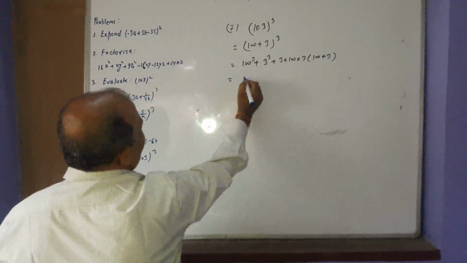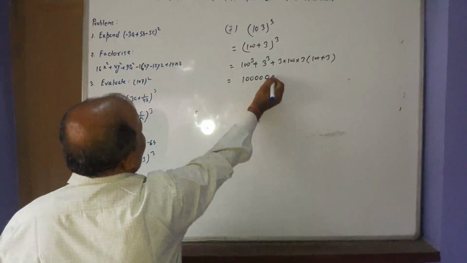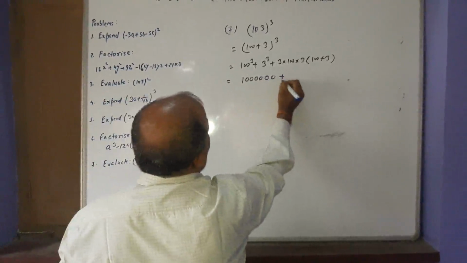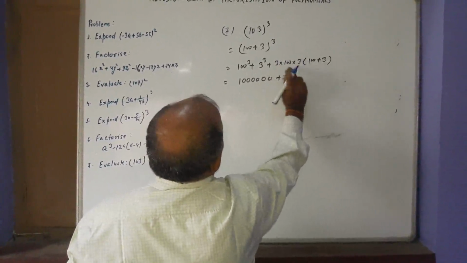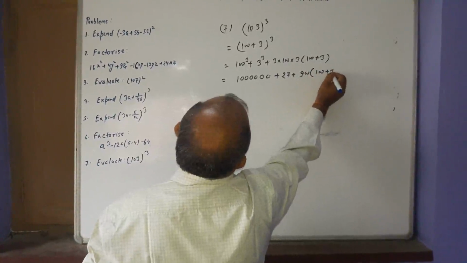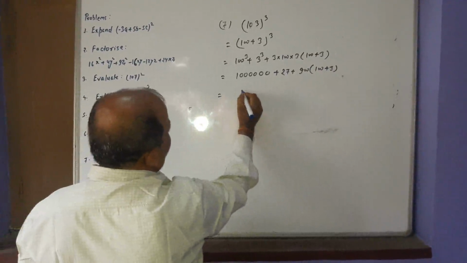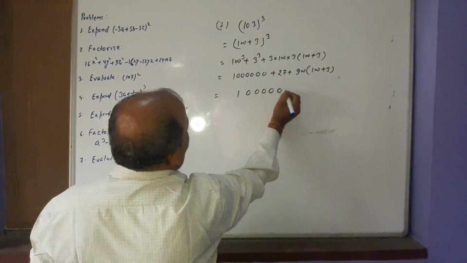This will give 1 containing 6 zeros. This will give 3 3s are 9, 3 9s are 27. This will give 3 3s are 900, and this will give 100 plus 3. Now we may write 1, 1, 2, 3, 4, 5, 6.